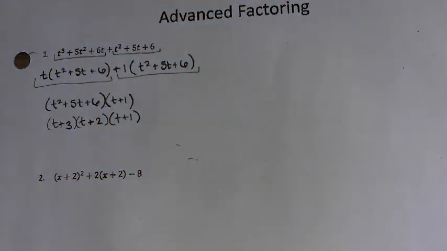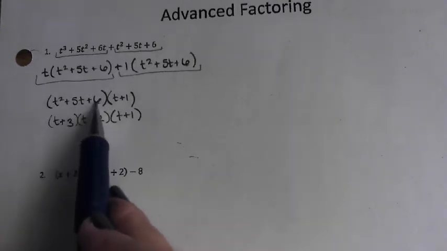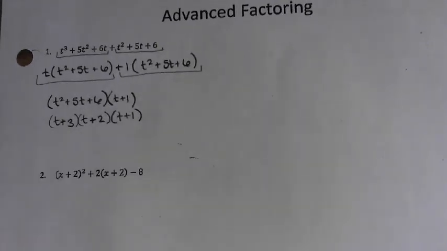So this ended up factoring into 3 linear factors. As opposed to here, if we stopped here, that would have been a quadratic and a linear. And sometimes that might be where you have to stop. But the quadratic was factorable further into 2 more linears. Good? Any questions?